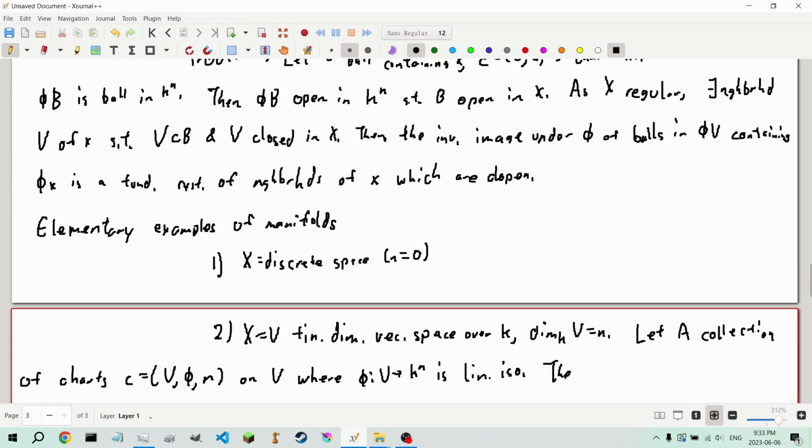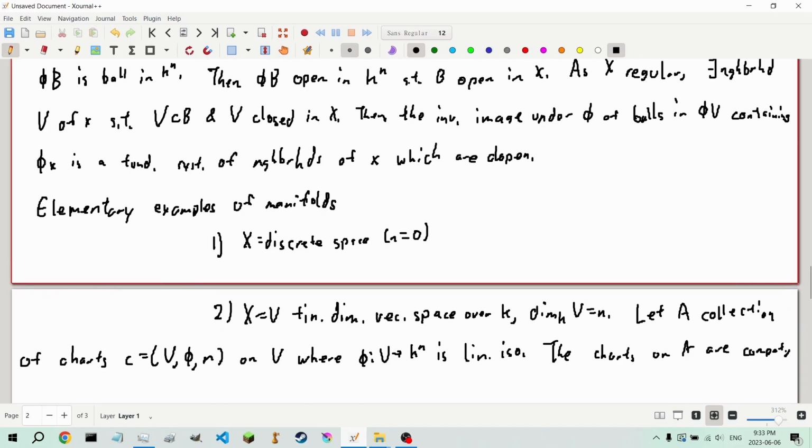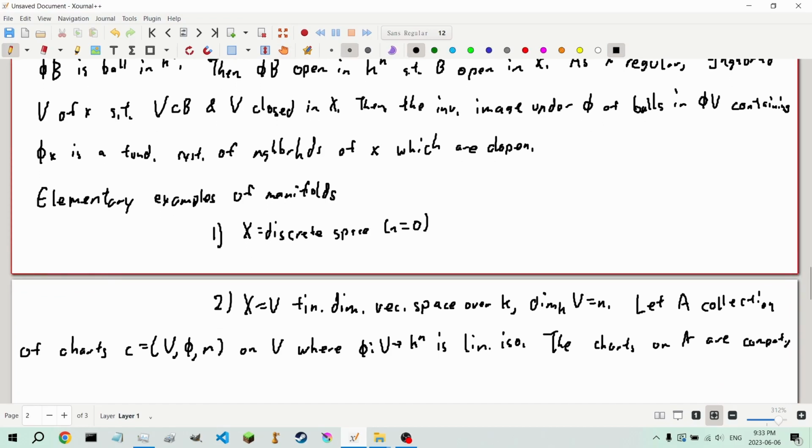The charts in A are compatible and of course cover, so A is an atlas. And from that you can find the full atlas, and you can give V the manifold structure determined by this.